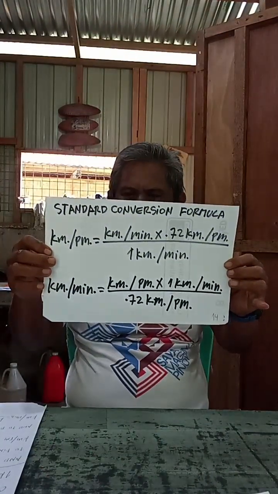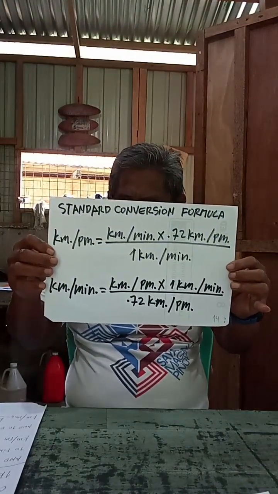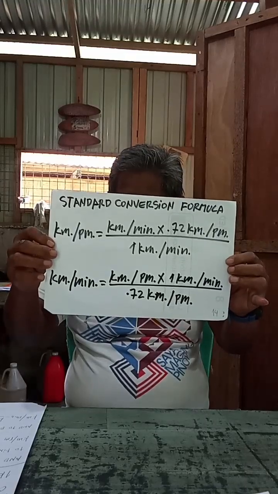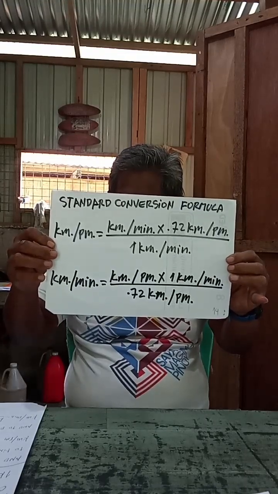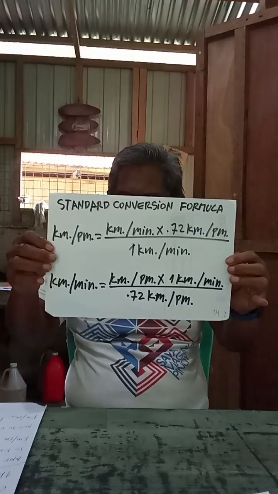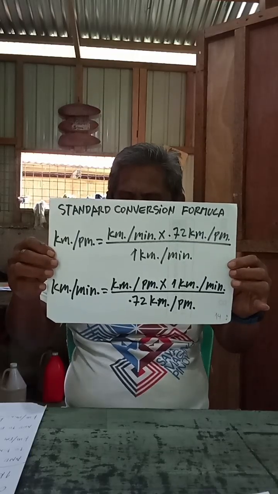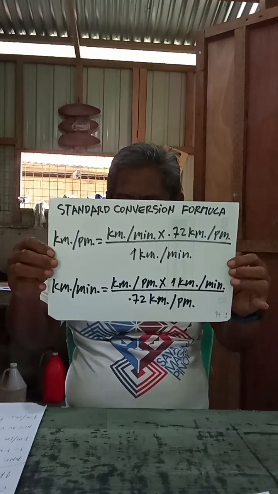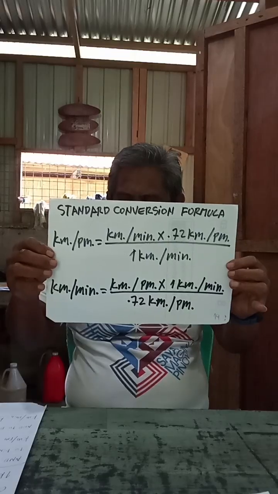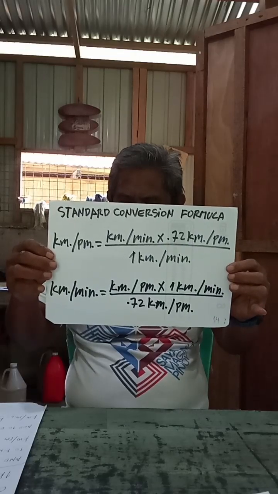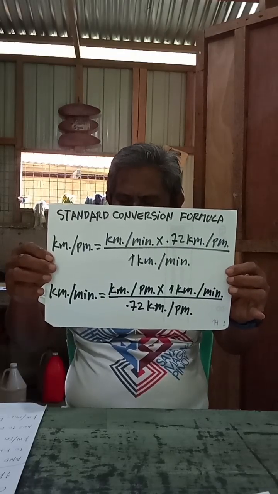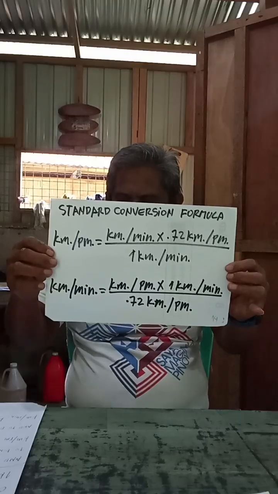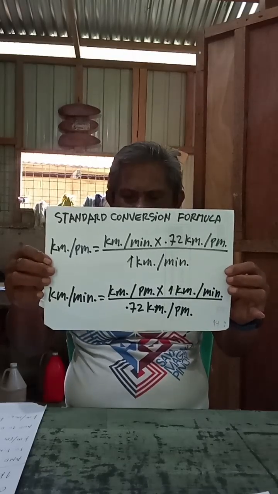And to find kilometer per minute is kilometer per peri-minute times 1 kilometer per minute over 0.72 kilometer per peri-minute.